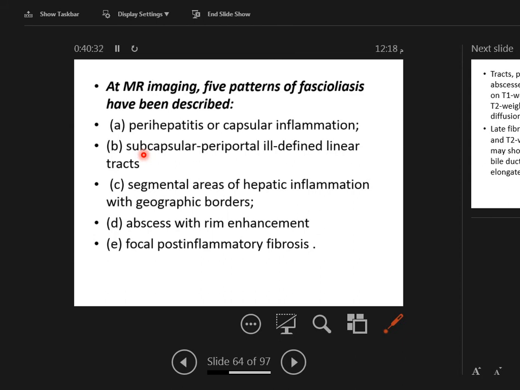By MRI, we have 5 patterns: perihepatitis or capsular inflammation, subcapsular, periportal, defined linear tract, segmental area of hepatic inflammation with geographical border, abscess with rim enhancement, focal post-inflammatory fibrosis.